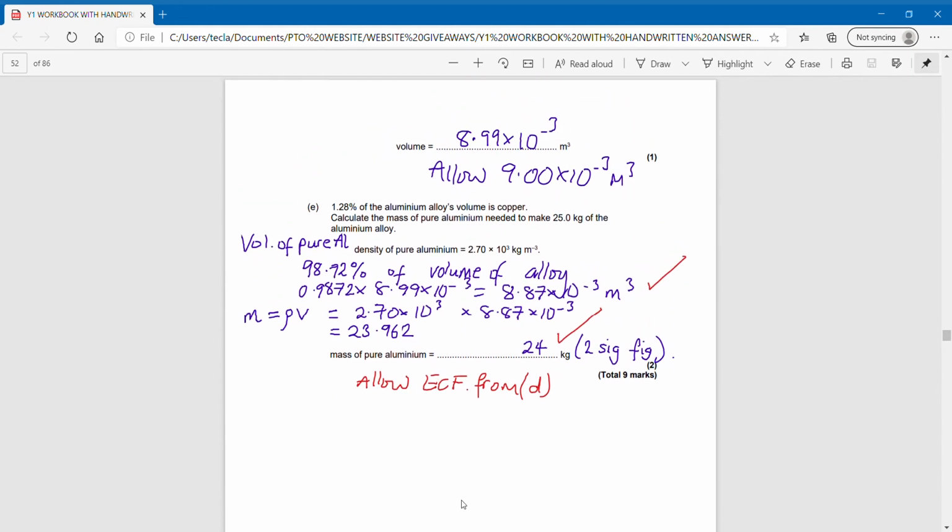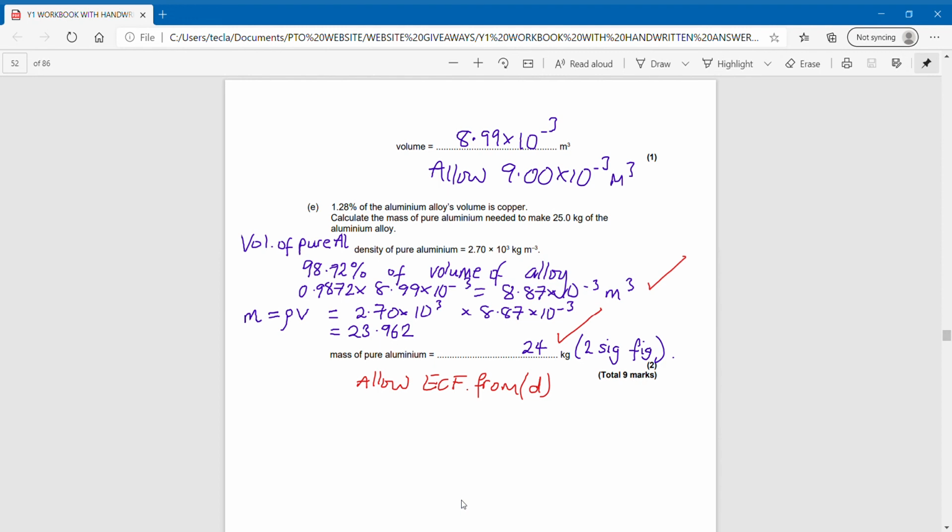Part E, 1.28% of the aluminium alloy's volume is copper. Calculate the mass of pure aluminium needed to make 25 kilograms of the aluminium alloy. So we've just calculated the volume of the alloy, 8.99 times 10 to the minus 3.